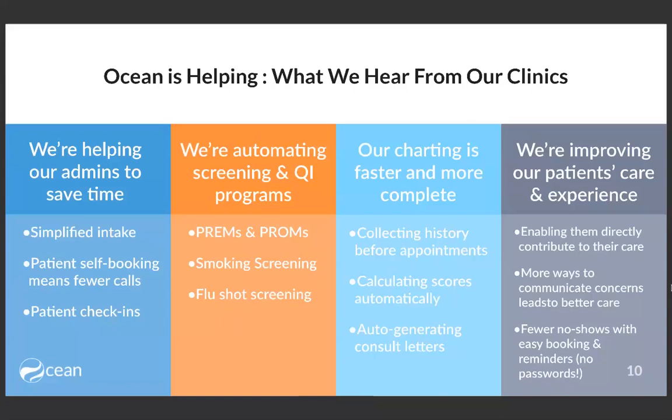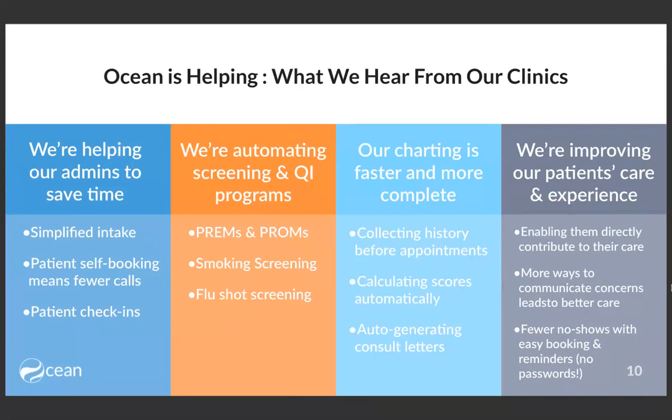We're also doing a lot of work, and this is probably a less known area of where Ocean is really moving the needle, but around screening and quality improvement programs. Increasingly, we're seeing clinics model off one another to do things like universal smoking screening, fully automated, maybe at a kiosk or on the tablet, where that's updating the risk factor in the chart.